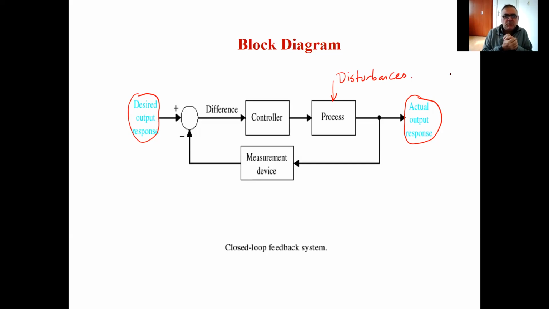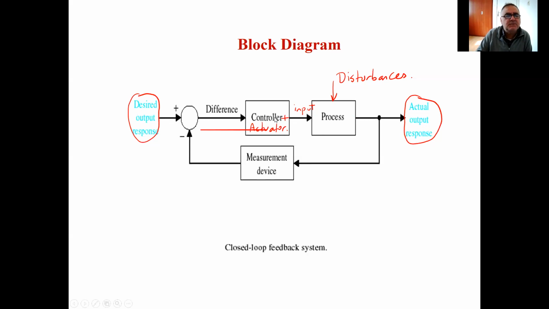The process you want to control has an output and it has an input also. The input is generated by the controller plus the actuator here, let's say. The output of the process is measured by the measurement device and compared with the desired output.